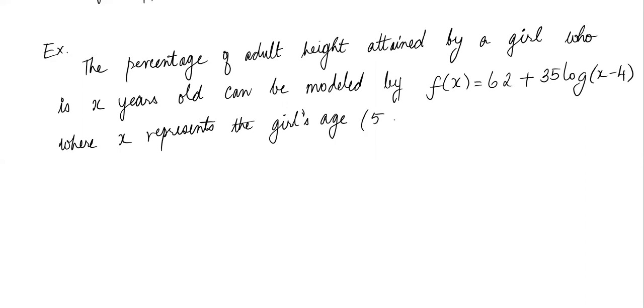The age is given the range 5 to 15 years. And f of x, the two variables, right? So f of x represents the percentage of her adult height.